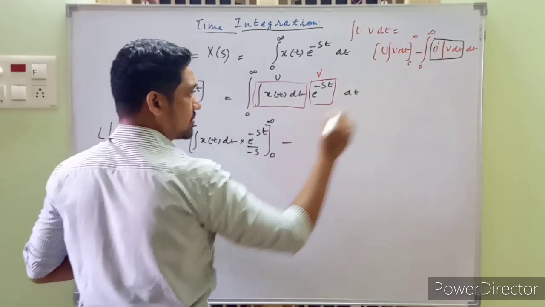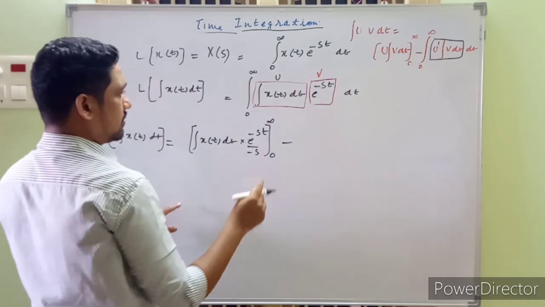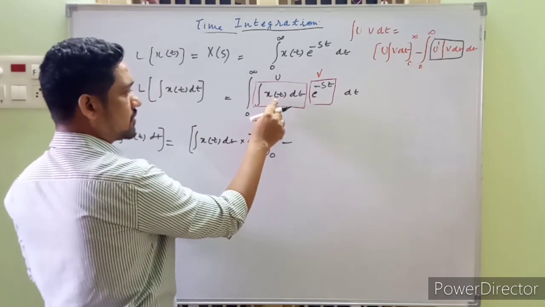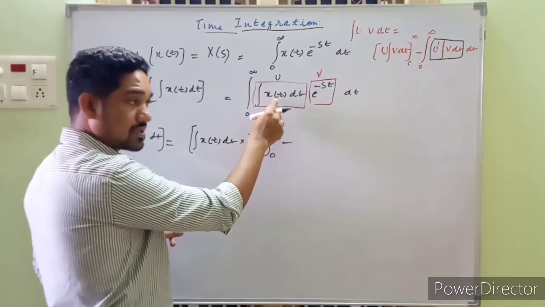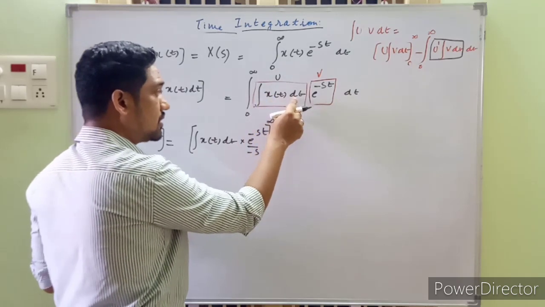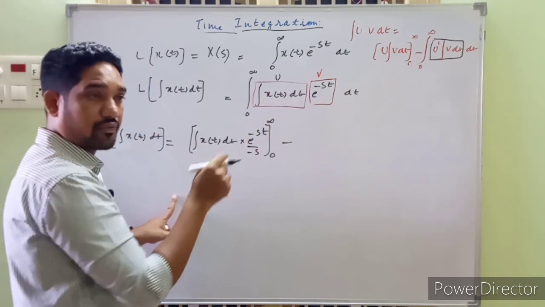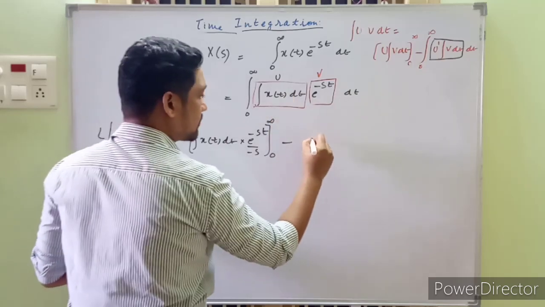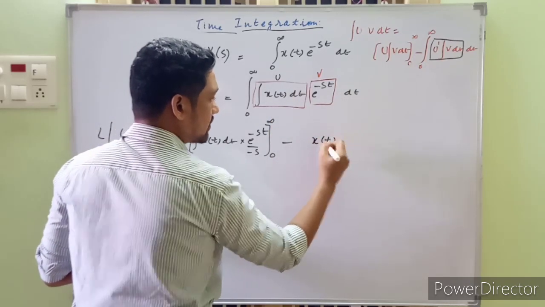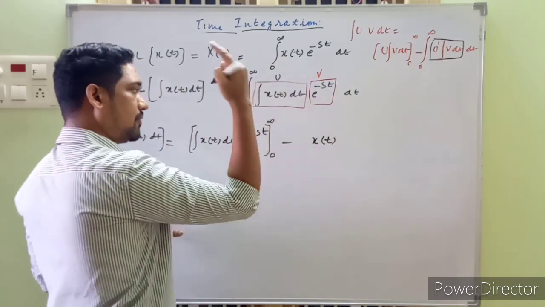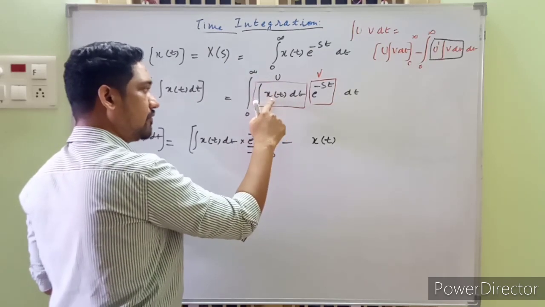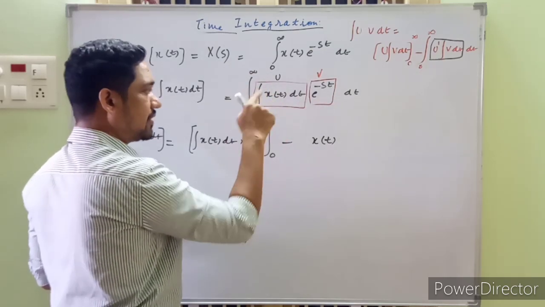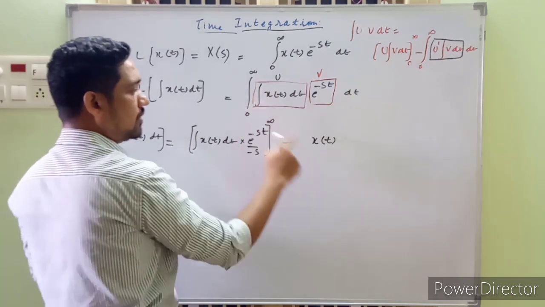Going ahead, minus the derivative of the first function. What is the first function in this case? The integral of x of t dt is the first function, and its derivative will be simply x of t. Why? Because the derivative and integral cancel and we are left with only x of t.